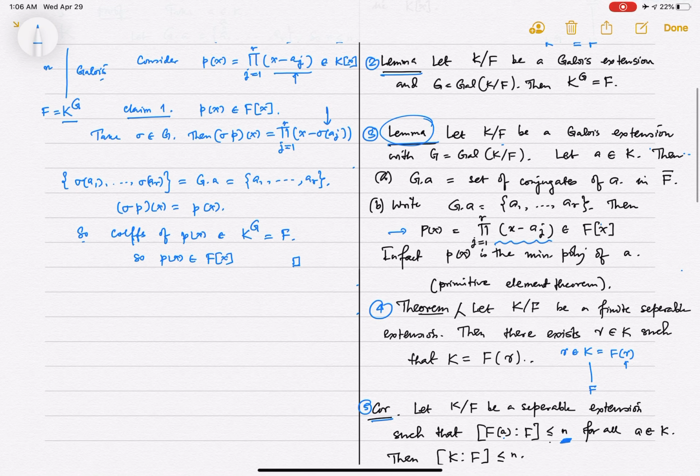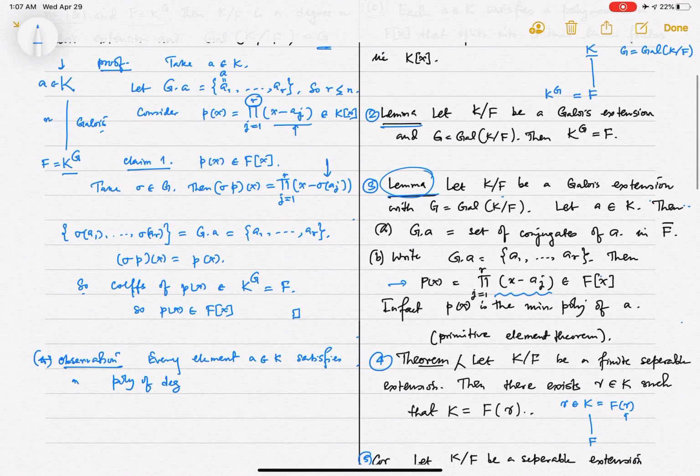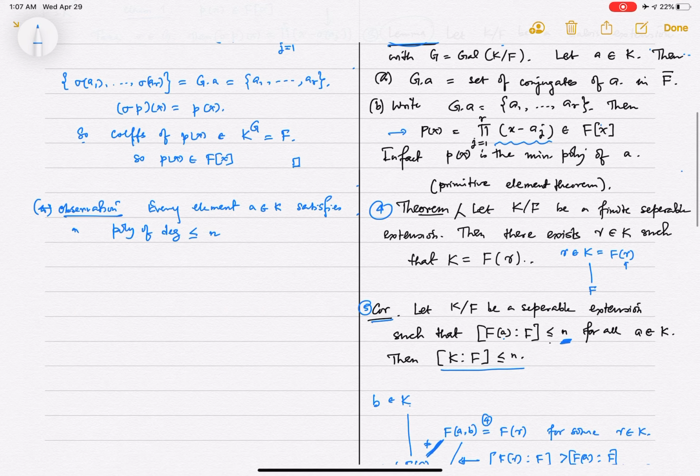Before moving on, I want to make this observation which will be crucial. Let's take stock of what we have so far. We have shown that every element of K satisfies a polynomial of degree r, which is less than or equal to the size of the group, n, a fixed number.